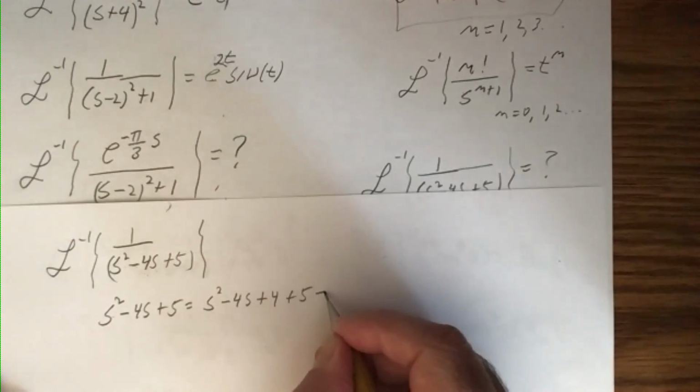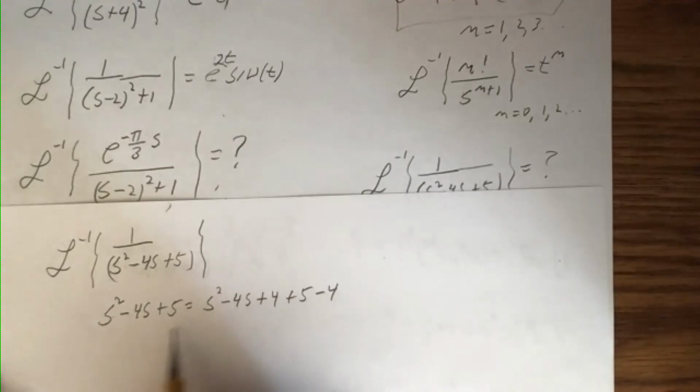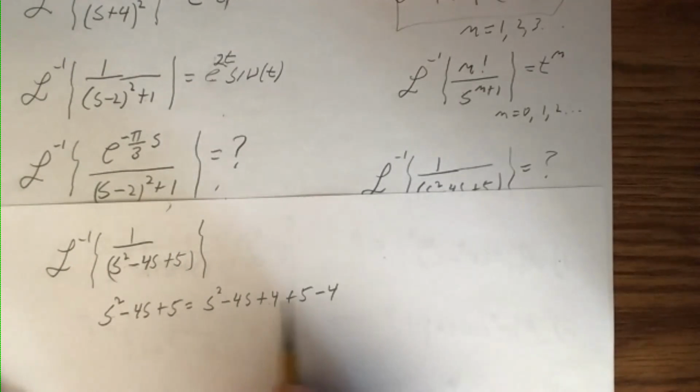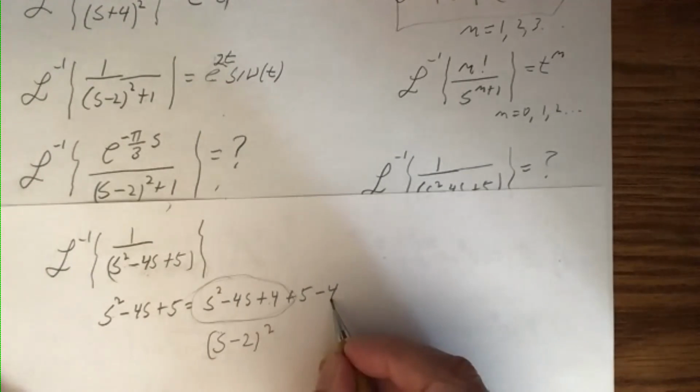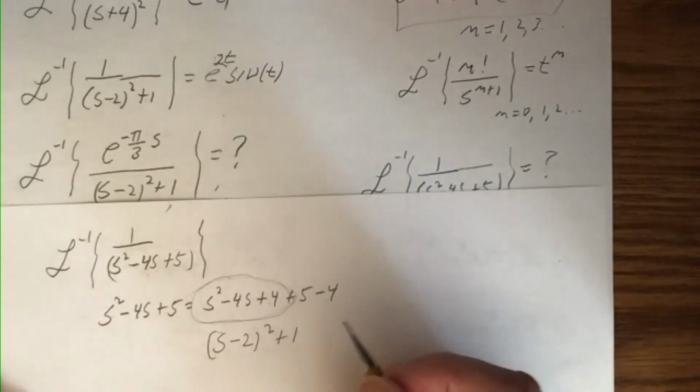Plus 5 minus 4. I added a 4, so I got a minus 4. Now here I have a perfect square. So this is going to be s minus 2 squared, and then this is going to be plus 1, right?